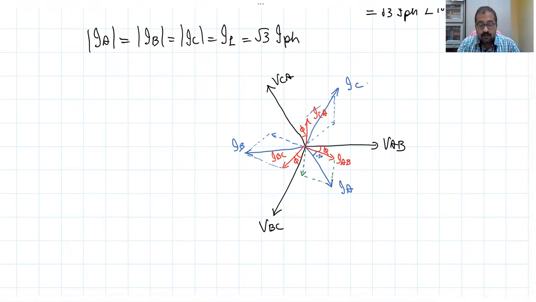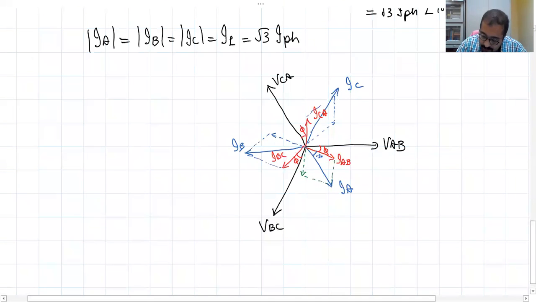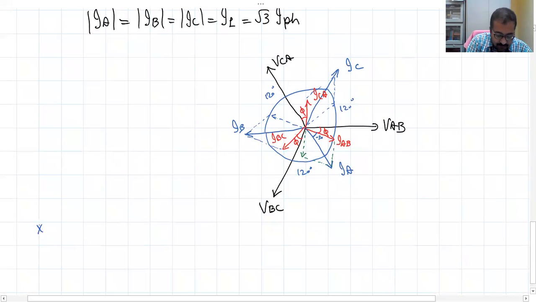Okay, so what is the conclusion here? So let us write. What is the angle between these phase currents, between IAB, between IBC and between ICA? It is 120 degrees. Okay, so it's just a few points we will note. Line currents are 120 degrees apart.